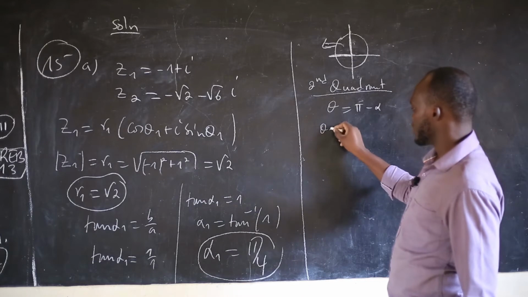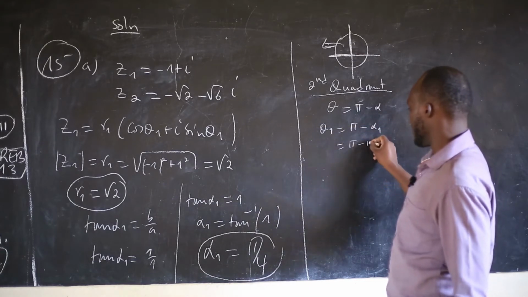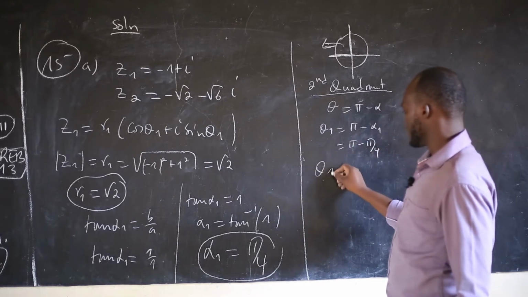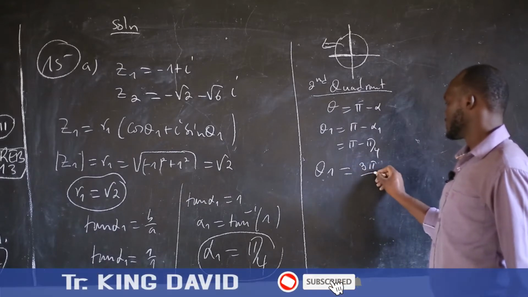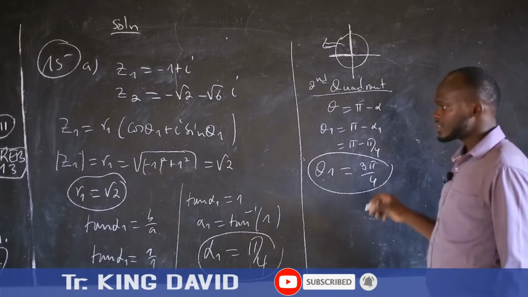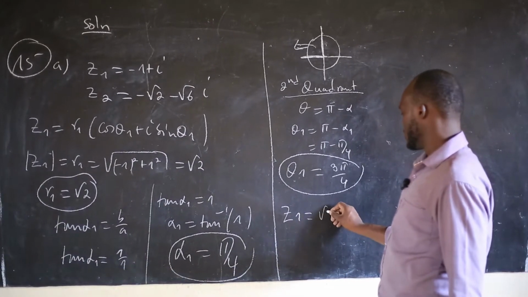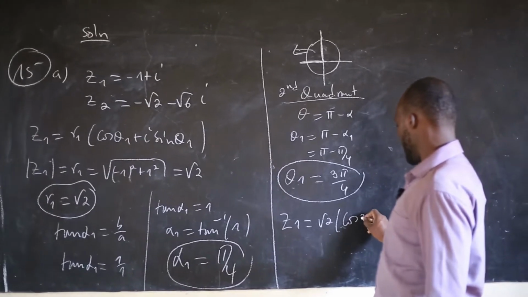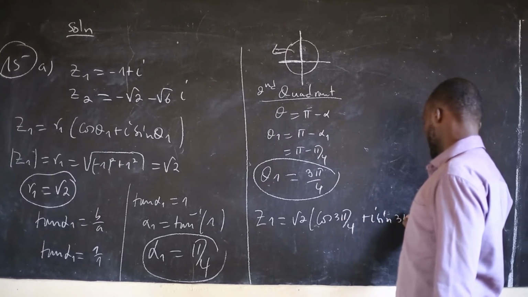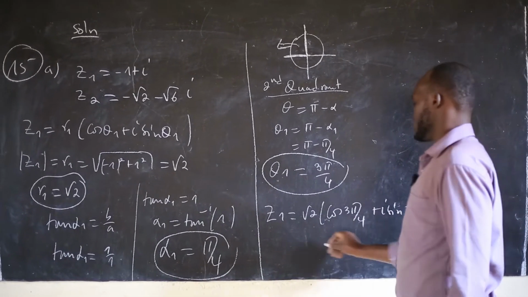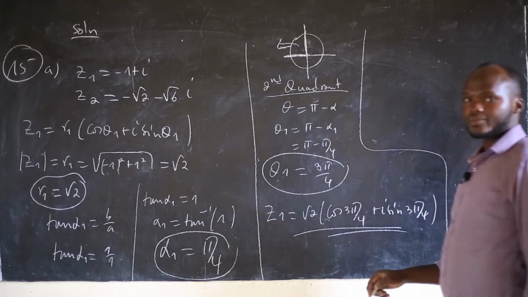So our angle 1 will be pi minus alpha 1, which is pi minus pi over 4. So our angle 1 is 3 pi over 4. Which means that z1 equals root 2 into bracket cos 3 pi over 4 plus i sin 3 pi over 4. That is for z1. So let's go for z2.